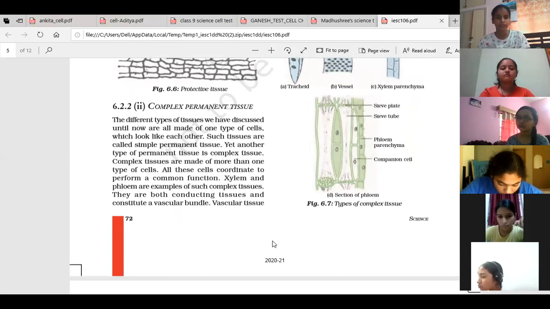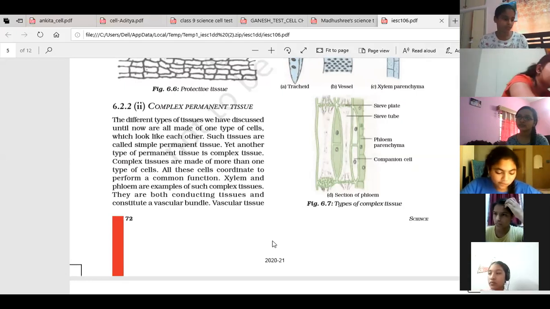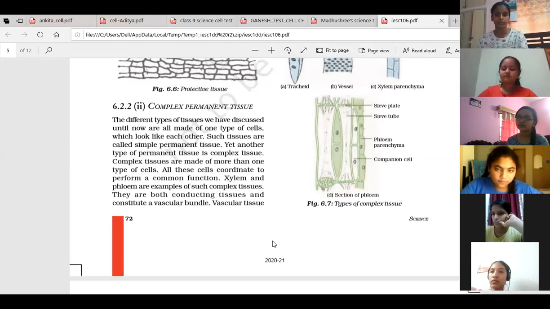And they have different types of cells. Simple permanent tissues have mostly the same type of cell. Maximum similar type of cells are present, all of them performing the same function.